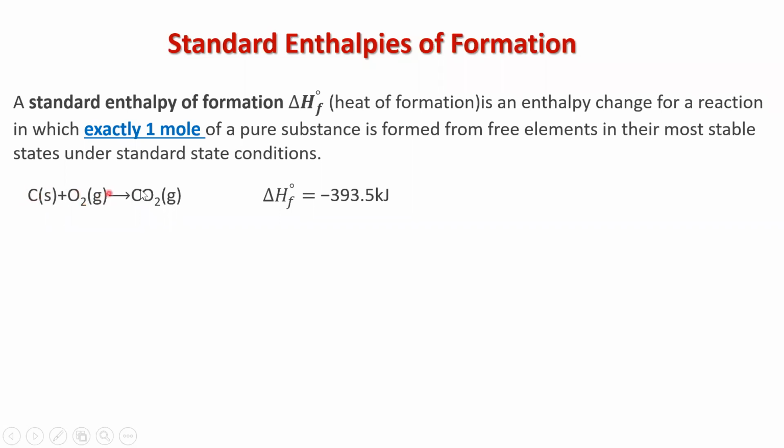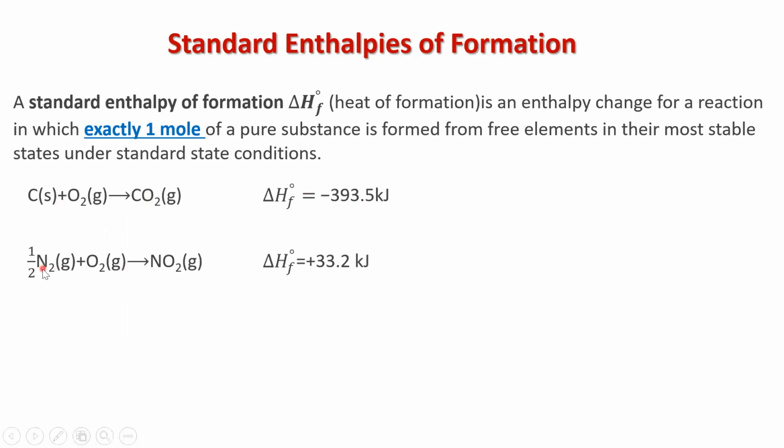So this would be considered the equation for the formation of carbon dioxide from its elements. You can look up the enthalpy of formation for carbon dioxide on a table, and it tells you that value is negative 393.5 kilojoules. That means for every mole of carbon dioxide formed from its elements, this amount of energy is given off.